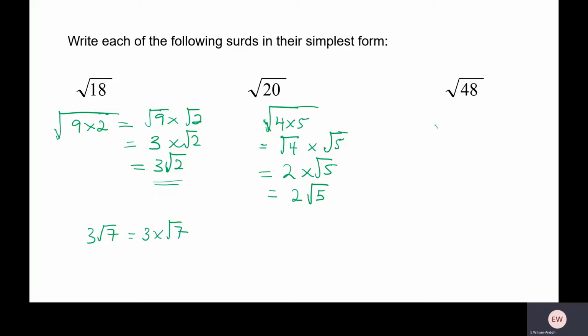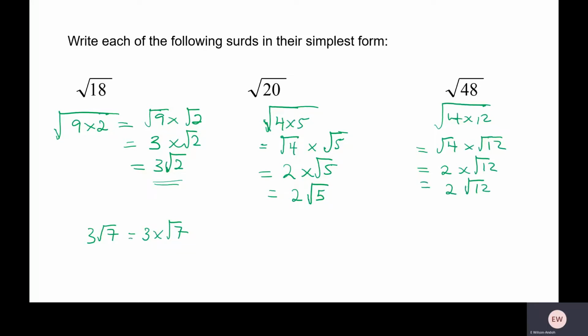So we can write this as root of 4 times 12 because 4 is a square number. So this will be root 4 times root 12, which is equal to 2 times root 12. And this will give us 2 root 12.